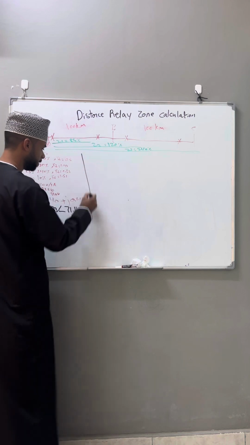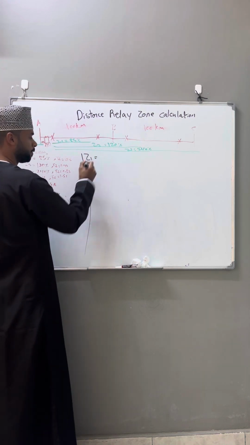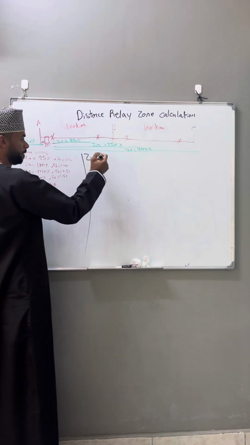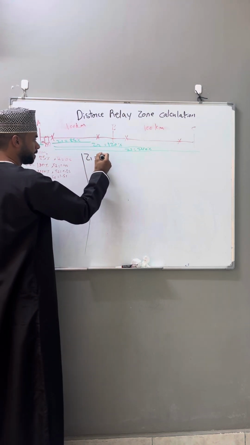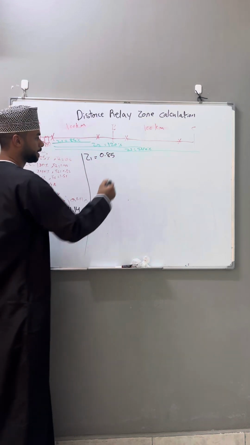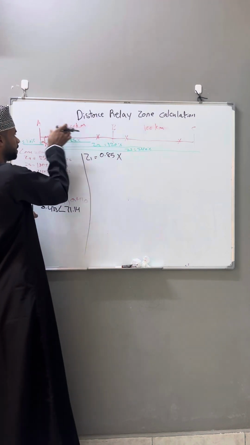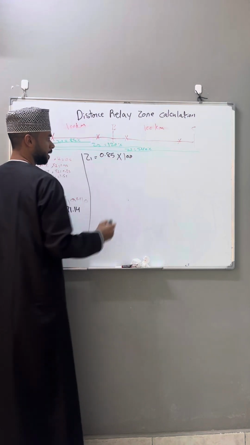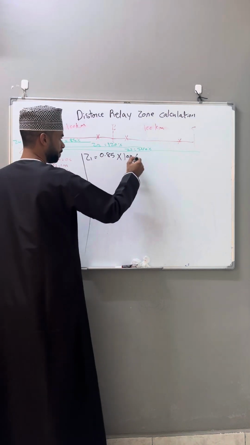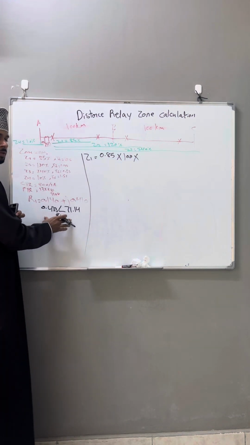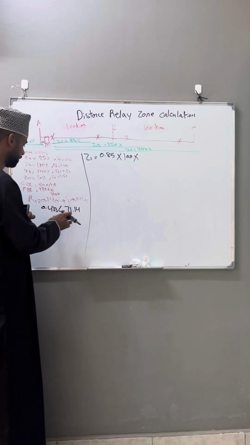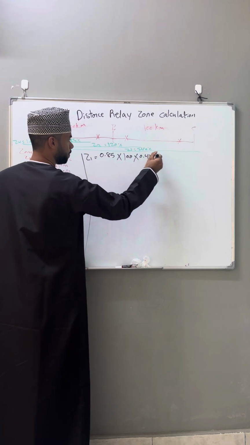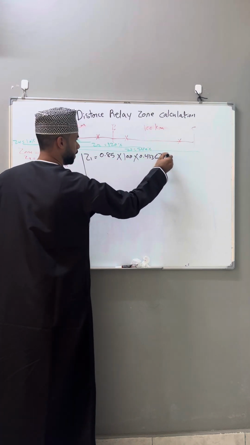So zone 1 calculation: the protected area is 85%, which is 0.85, multiplied by the line length, the distance between substations A and B, 100 kilometers, multiplied by the positive sequence impedance of the conductor, 0.433 with angle 71.14.